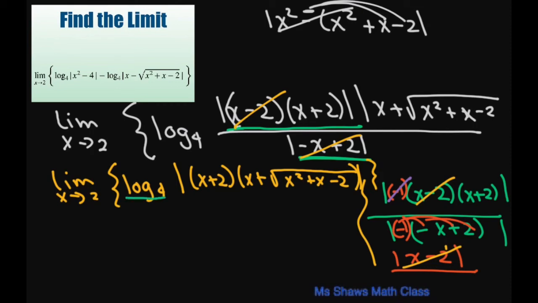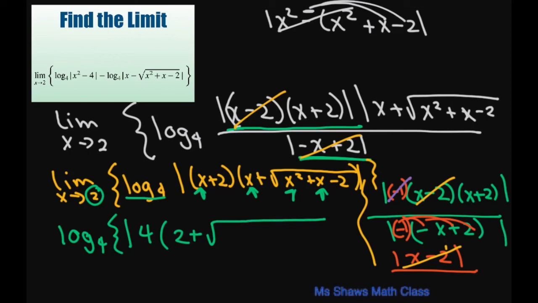This is going to be log base 4. Then we have absolute value, substituting in our 2 for all these x's. We're going to get 4 times 2 plus square root of 2 squared plus 2 minus 2.